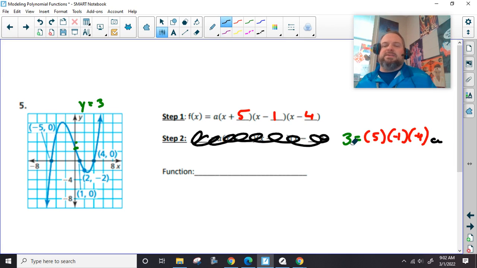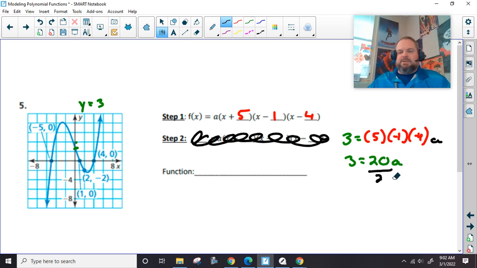Because if we did it with the zeros, it's still just these numbers. So we get 3 equals 20a, divide by 20, y equals 3 over 20, and then this other stuff.